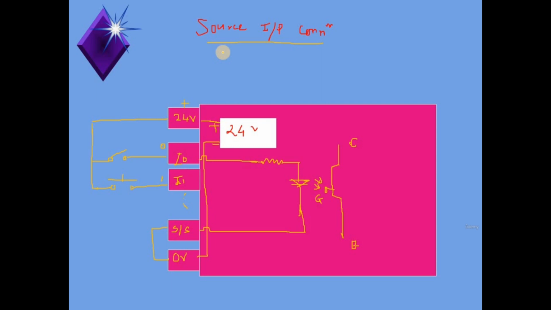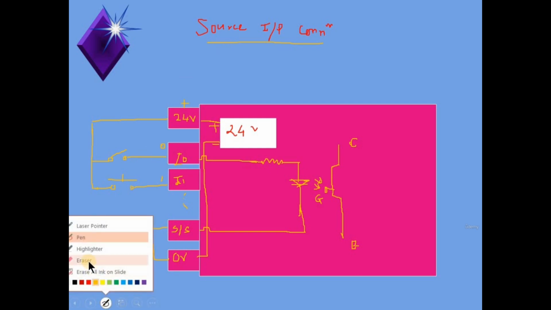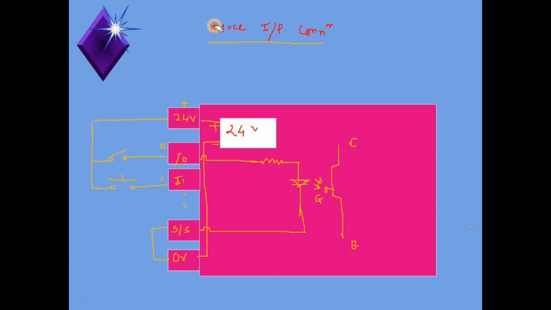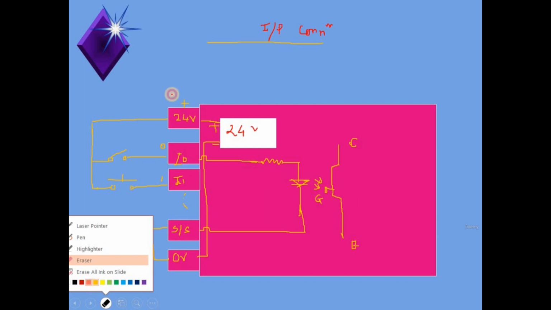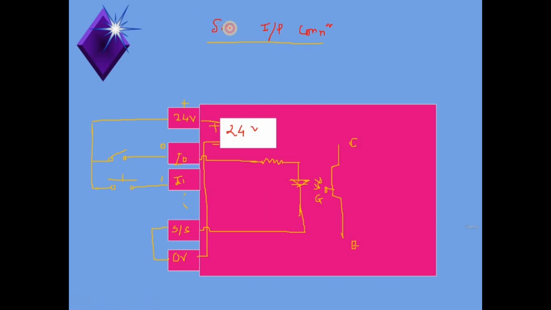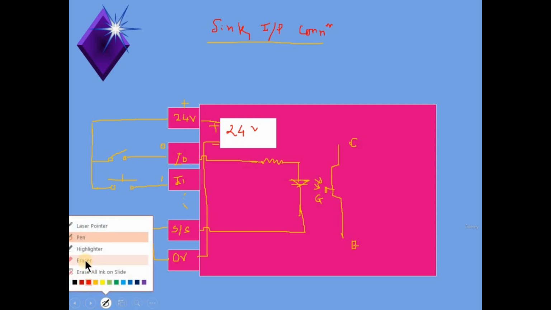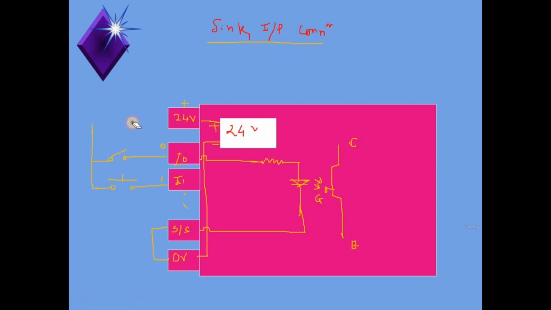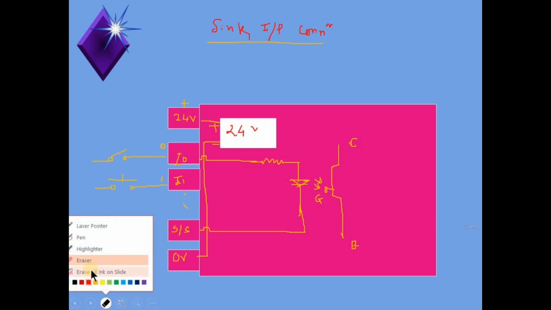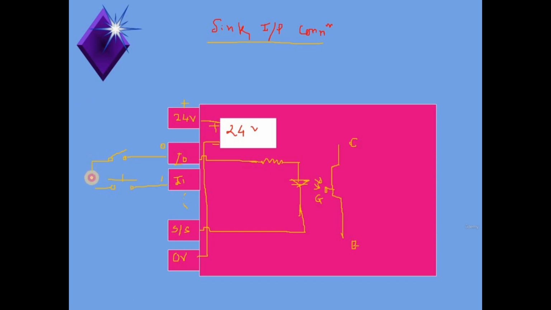If you want to connect the field inputs in the sink form, what we need to do is very simple. We just have to change some connections. Here I'm writing sink input connection. For the sink input connections, we have to make a small change like this.